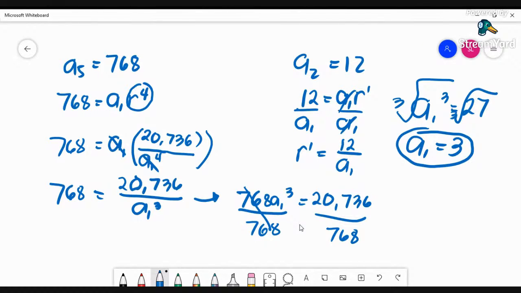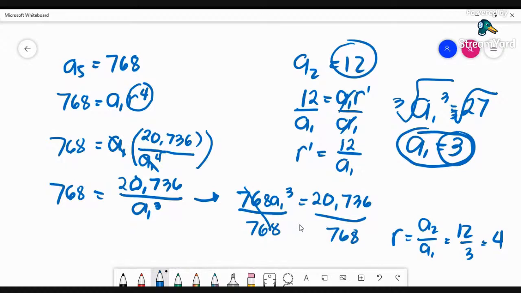And since we have now our a sub 1 and a sub 2, it will be easy for us to find the common ratio. That is, the ratio equals a sub 2 over a sub 1, which is 12 over 3. And the answer is 4. So now we have found out that the common ratio is 4. Take note, if we are going to check, a sub 2 is 12, a sub 3 would be times 4, 48, a sub 4 would be 48 times 4, which is 192.